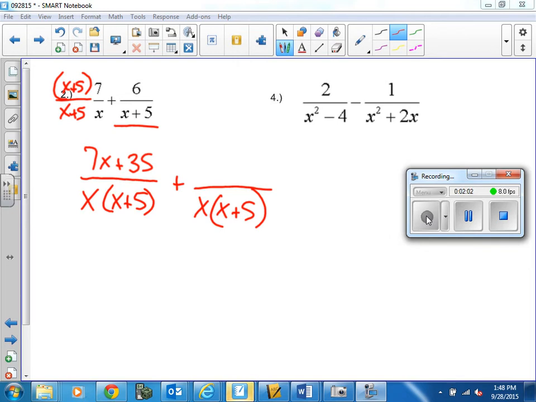And the next on the other side, the right-hand side, looks like the factor we're missing is x, right? Because originally we started with x plus 5. Now we want to have a common denominator that has an x. So we need to multiply by x over x. Remember, that's a form of 1. So we're going to have 6x all over x times x plus 5. So now we have a common denominator.